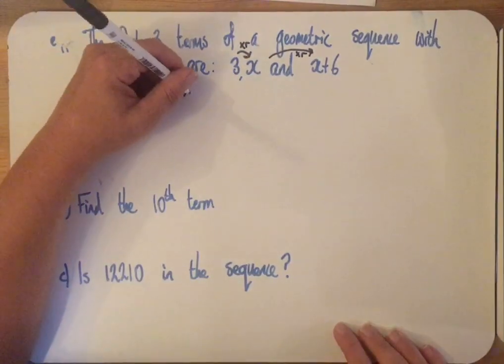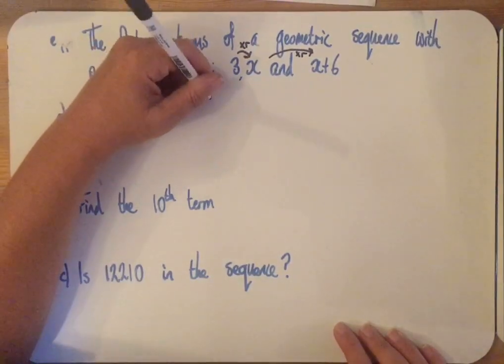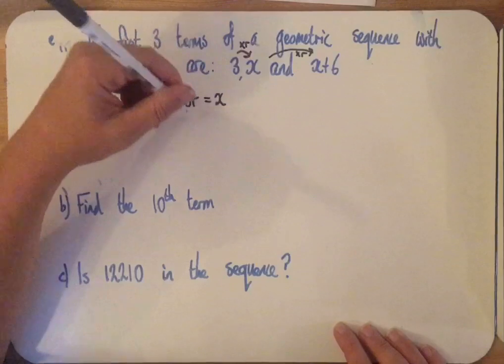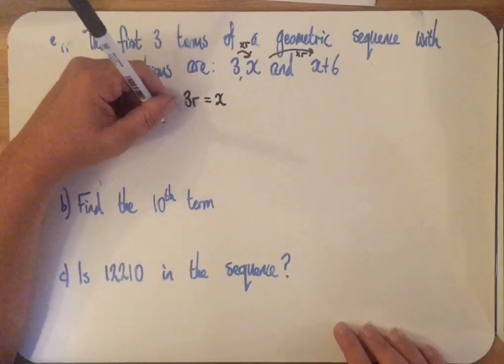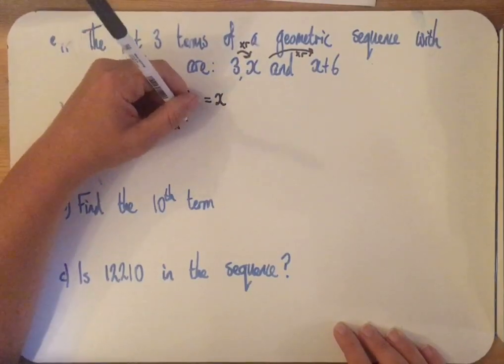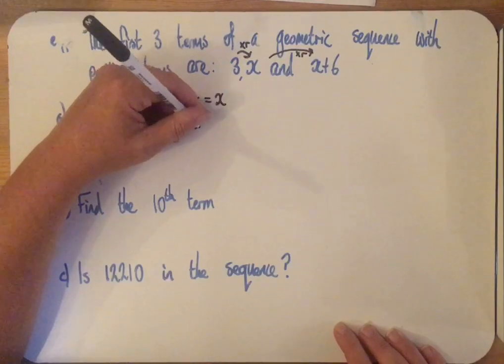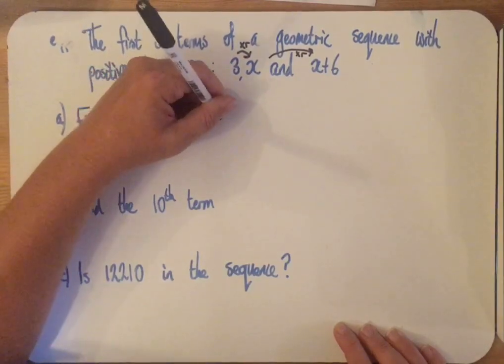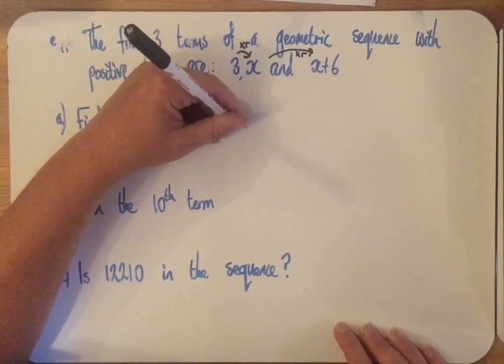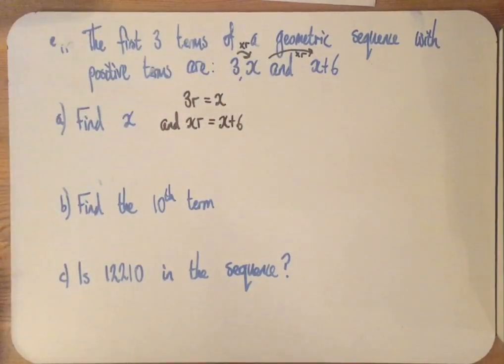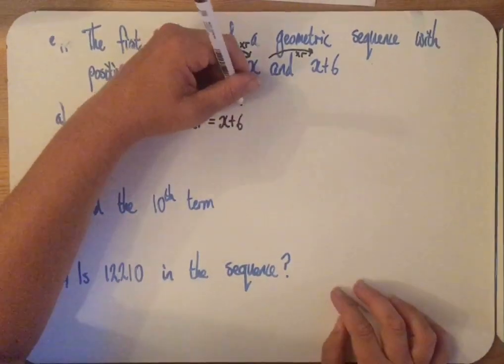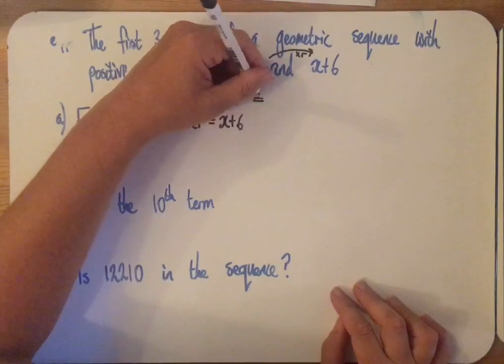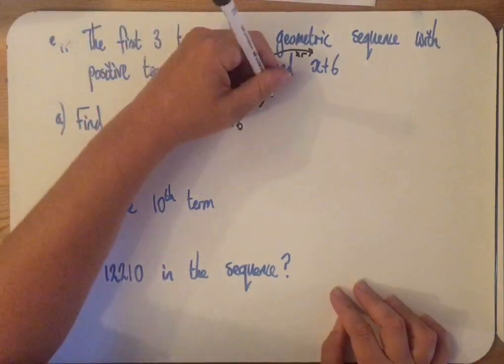And so 3r equals x, and xr is equal to x plus 6. And so from this one here, r is equal to x over 3.